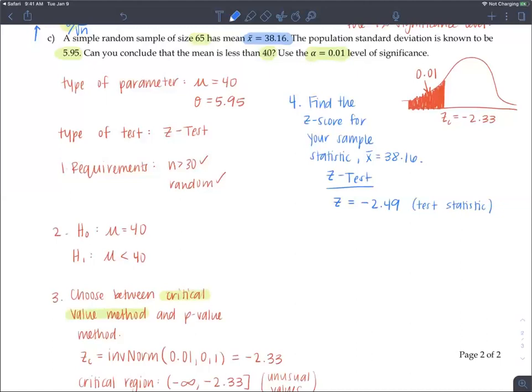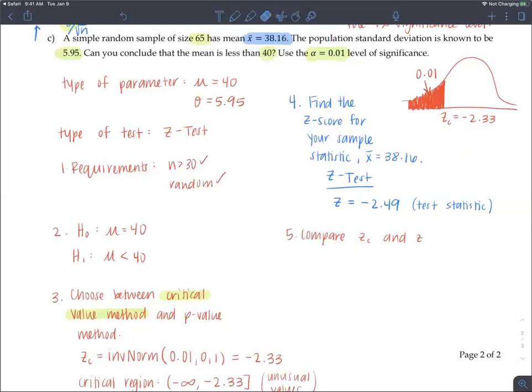Now, step 5 is to compare z sub c and z. You want to know: is your test statistic inside your region of critical values? Here's negative 2.33. Your test statistic is less than that, which means it's to the left of it on the number line, because it gets more negative the more left you go.